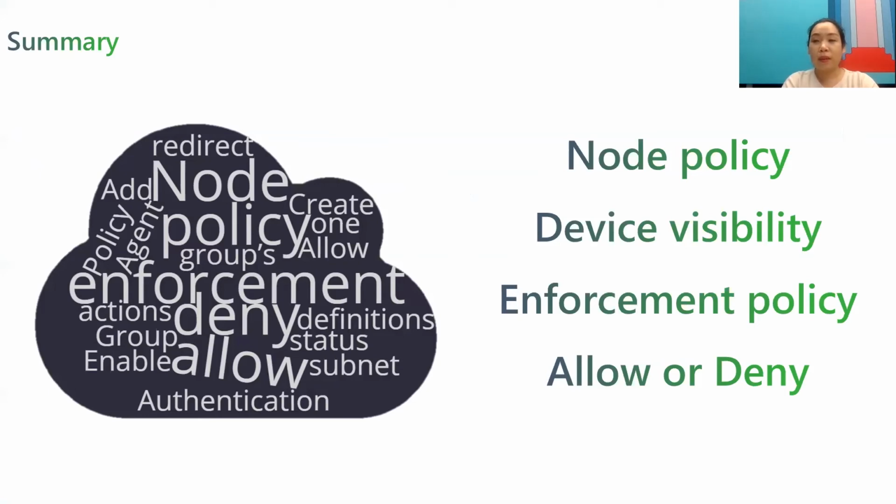And after you correct the visibility and the information about the group, you finally decide what you have to do for your network access control. In this case, you move to the enforcement policy if you want to allow, deny, or redirect them.